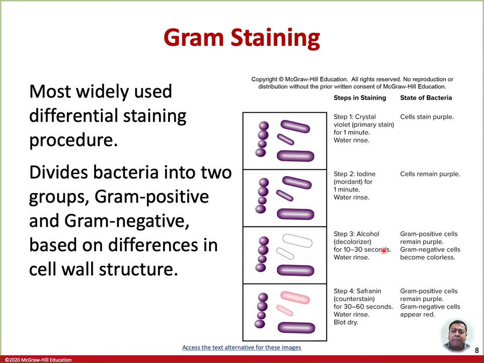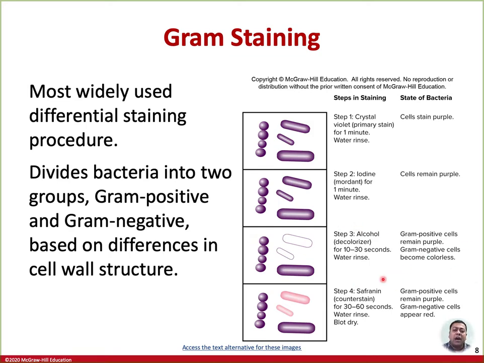Here is the most important part: the gram positive cells remain purple. That means the alcohol decolorizer will not take the stain away from gram positive cells. Whereas there is another group of cells which were initially stained purple, because all cells remain purple. They were initially purple, but after the alcohol decolorizer treatment, they will now become colorless.